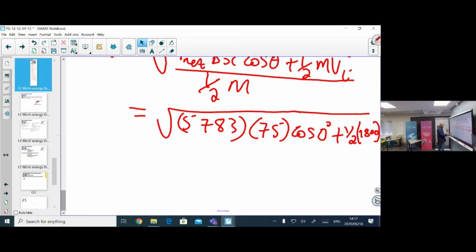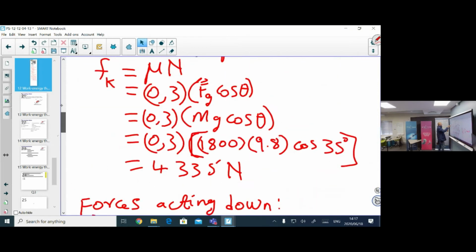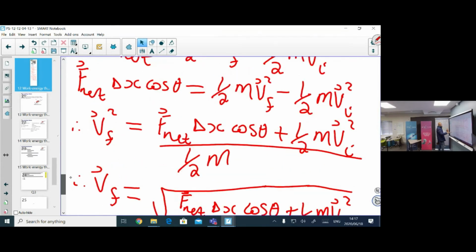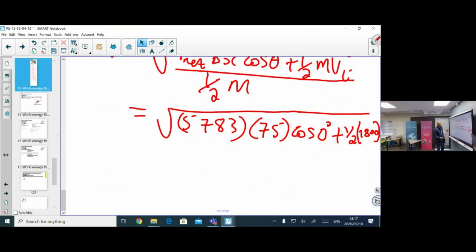Do we have an initial velocity there? Let us check. The initial velocity is 0 because the object is at rest, multiplied by 0 squared.